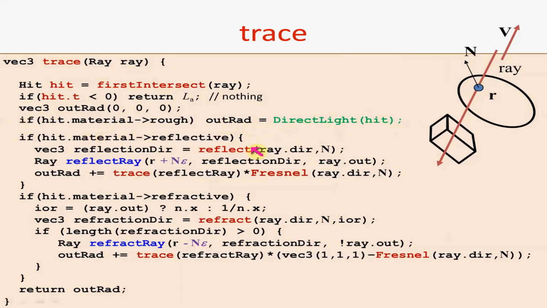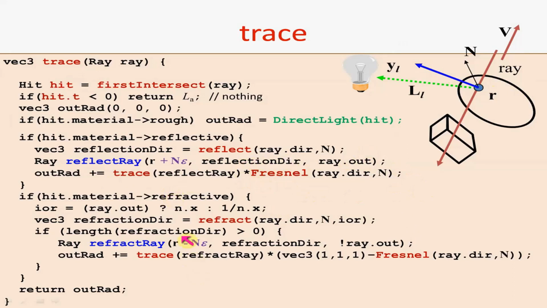If the surface is smooth, then the reflection direction is calculated, and the same trace function on which we are working right now is called recursively, and when it returns the radiance coming from this direction at the shaded point, that radiance is multiplied by the Fresnel factor.